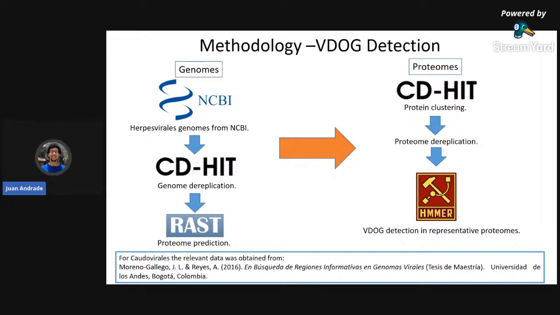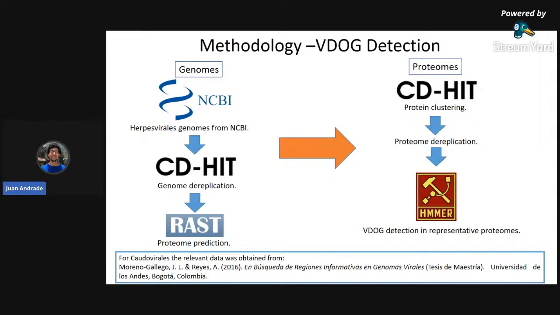We also had the replicated set of Caudovirales proteomes to work with. So the first thing that I did, since we already had this VDOG database and the replicated Caudovirales proteomes, was a replication of Herpesvirales proteomes. More specifically, I downloaded from NCBI all the Herpesvirales complete genomes that I could find in late 2016. I did a replication at the genome level and then at the protein level.